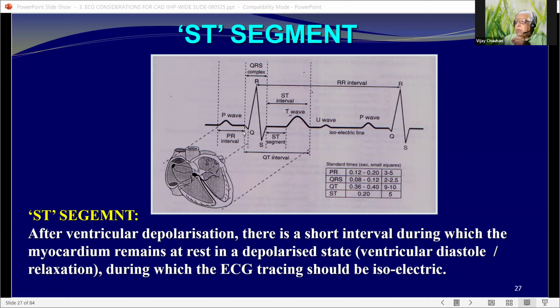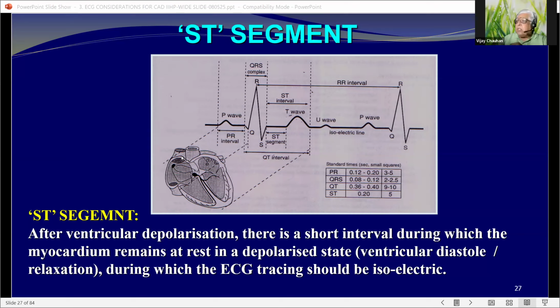Any activity occurring in the upper part of the heart, in both atria, is registered in the PR interval's time. That line shows the electrical activities taking place in the right and left atrium.